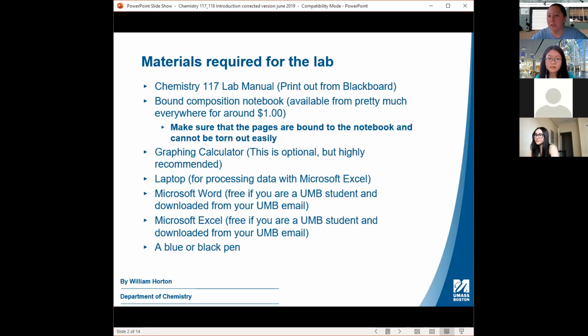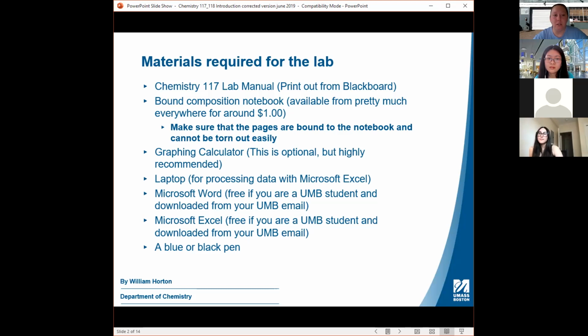Okay, so let's start off with the materials you'll need for the lab. You will need the lab manual. The first few lab manual pages are on Blackboard for sure. If you need any of the lab manual pages, please contact us so that we can get those for you.